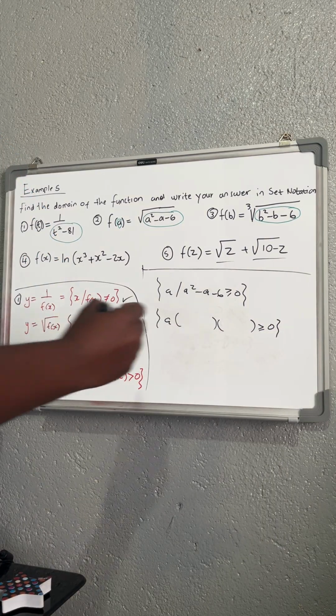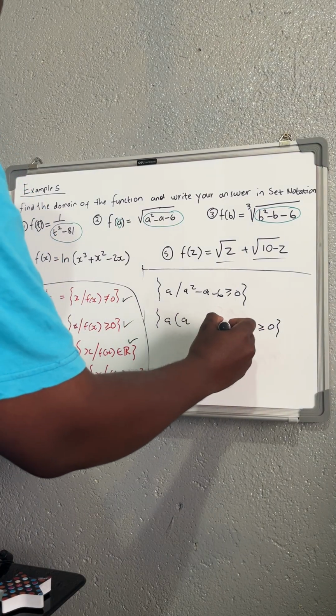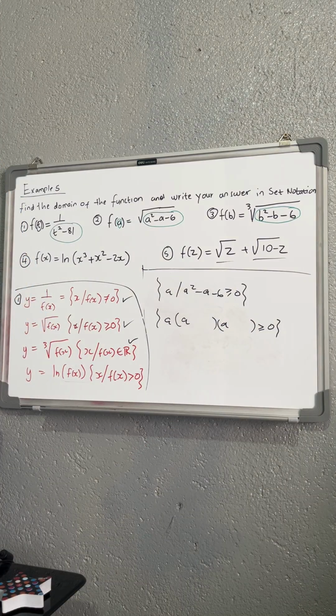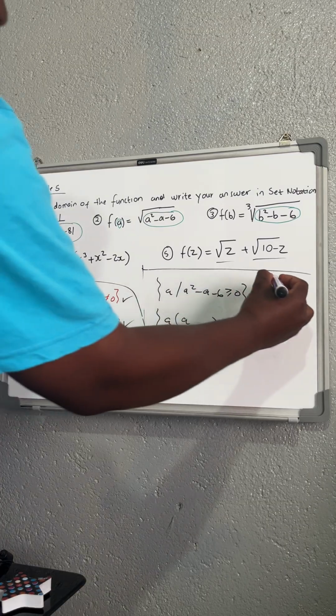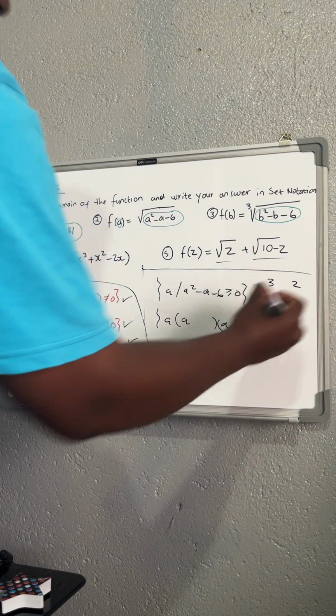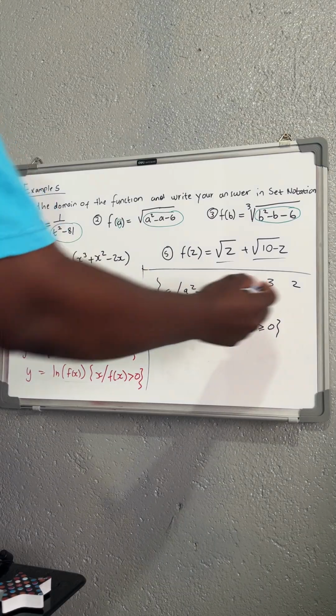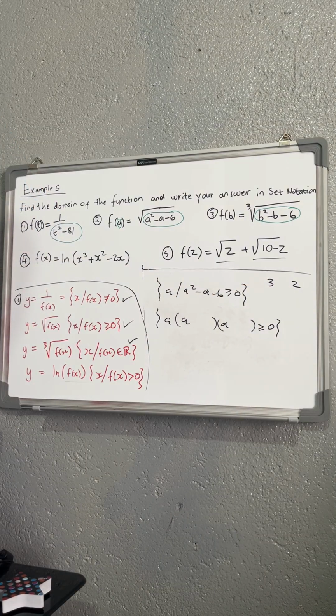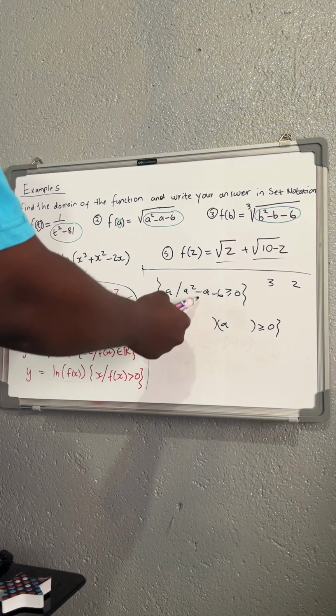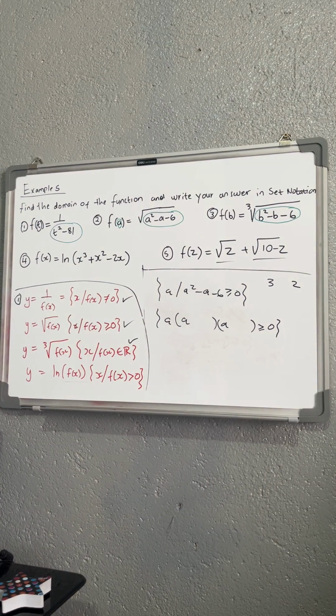So here we still have that a, then we're going to look at what factors of 6. Factors of 6, it's your 3 and 2. So now we ask ourselves, if we add these, in which combination will that give us -6 and also -1?